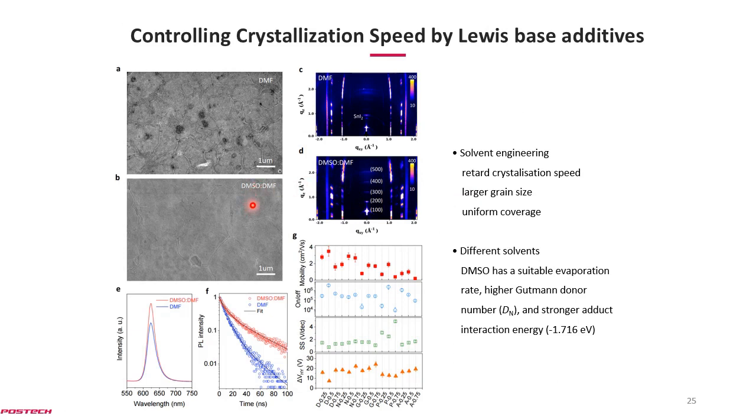As you can see, the DMF-only film has small grains and also some pinholes. But by adding DMSO, it shows perfect film uniformity and very large grain size. The best mobility with DMSO is almost between 3 and 4, so we can improve the mobility a lot from the pristine devices.